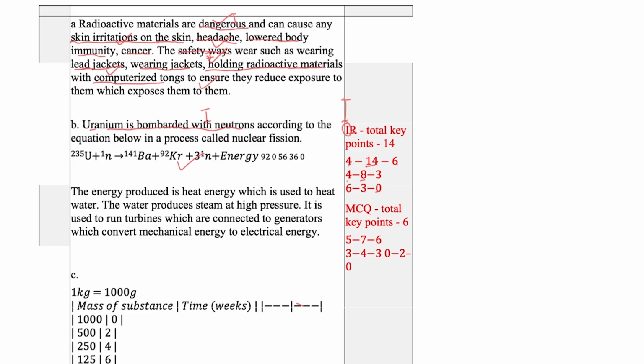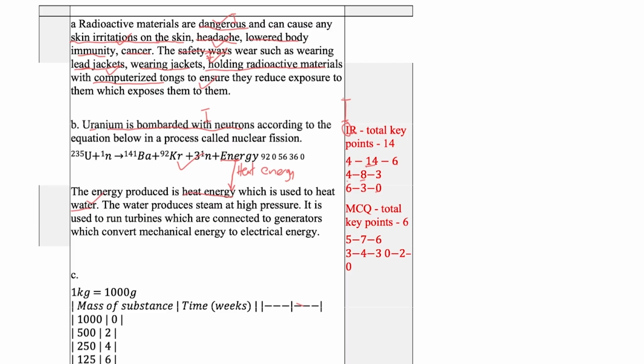Okay. So now come down to our reasoning. The energy produced is heat energy. This energy we see here, so that is heat energy, which is used to heat water.